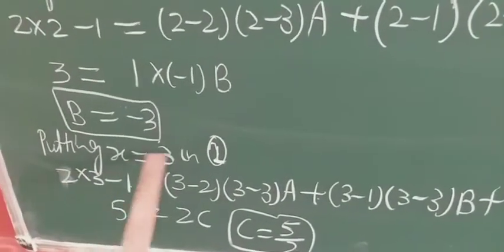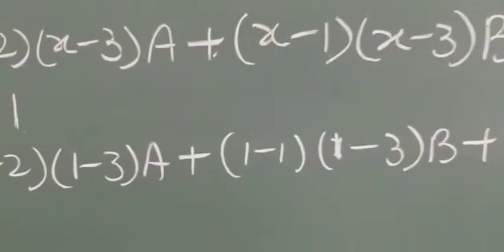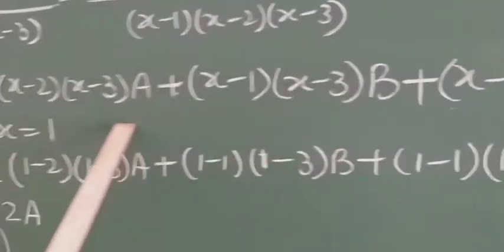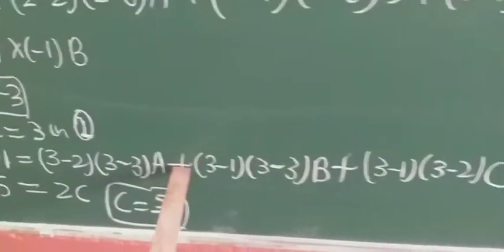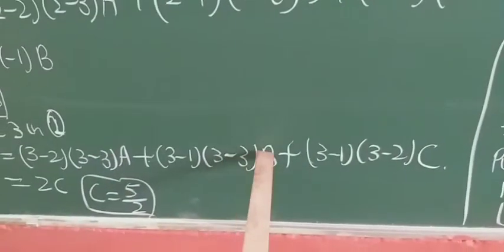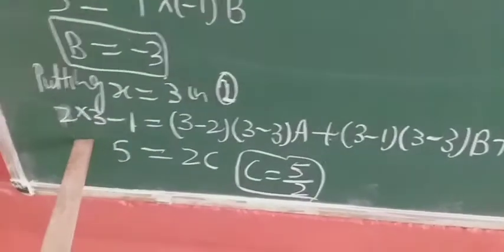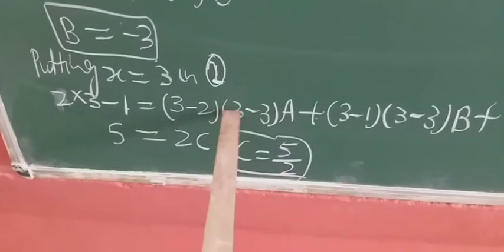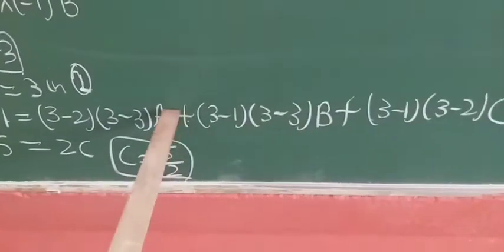Now putting x equal to 3 in equation number 2. So when you put 3, students, (3 - 3) becomes 0, so A will be 0 and B also 0.